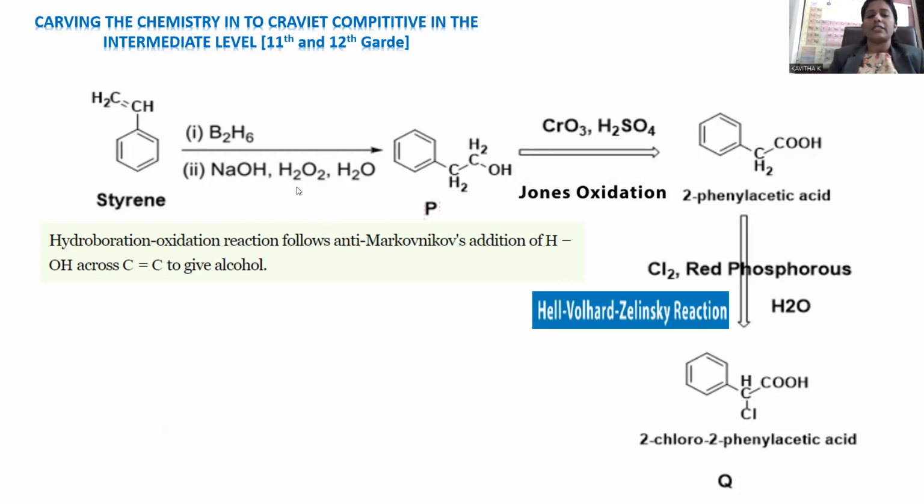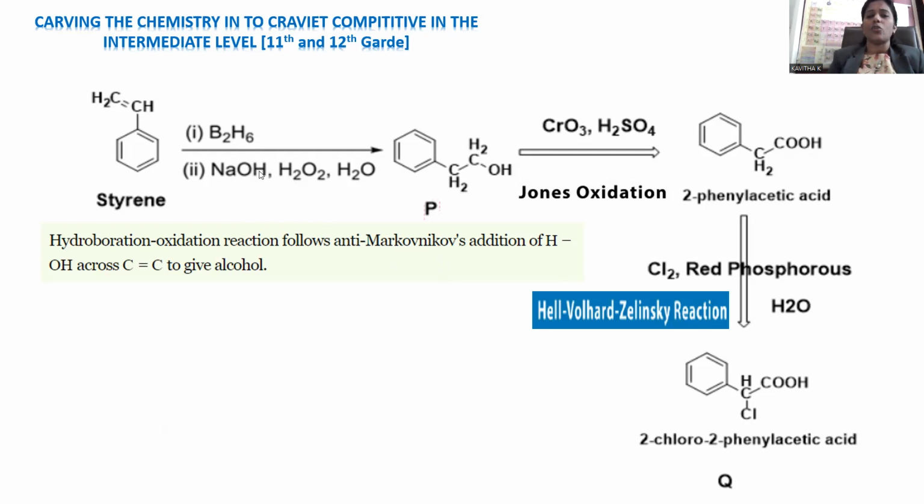Hydrogen peroxide is the reagent which proceeds with the reaction mechanism through the anti-Markovnikov rule, where the negatively charged reagent, that means OH minus, will be attached to the carbon having more number of hydrogens. Here, if you see, CH has only one hydrogen, but the terminal carbon has two hydrogen atoms. That's the reason why the terminal carbon will be added with the nucleophile.